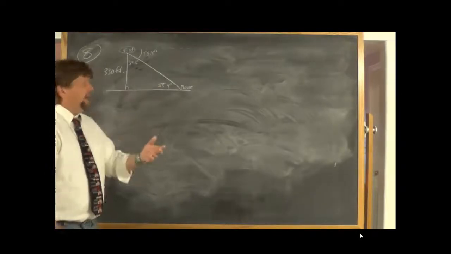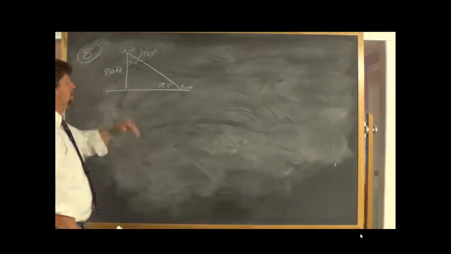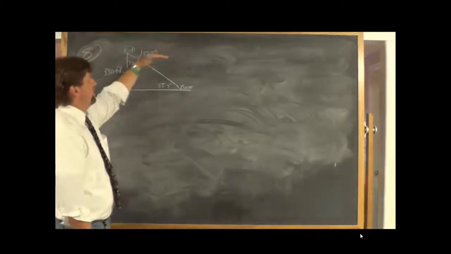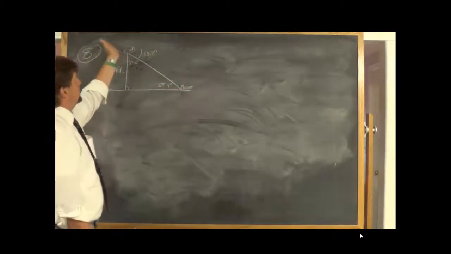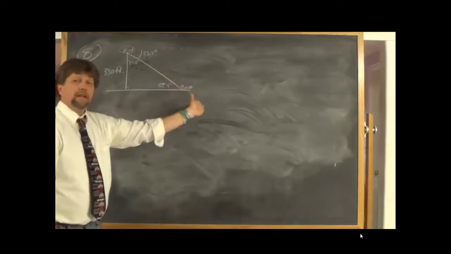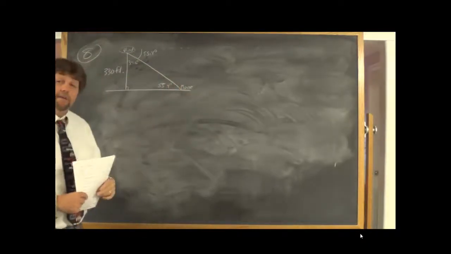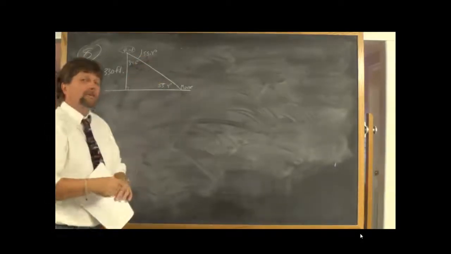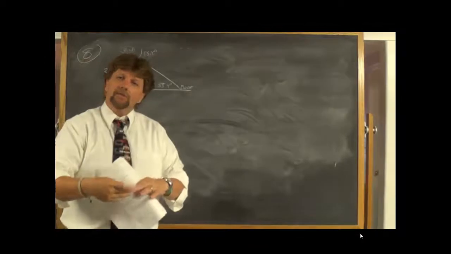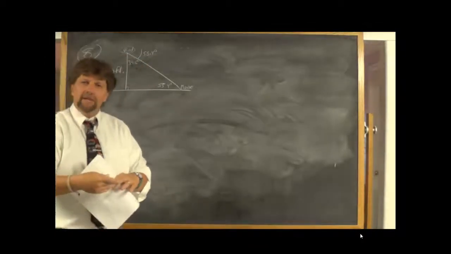Or another way to look at it is an old property from geometry. This horizontal line up here and this horizontal line down here are parallel, and it's cut by this line. And when you have that happen from geometry, these two angles are called alternate interior angles, and alternate interior angles have equal measure.